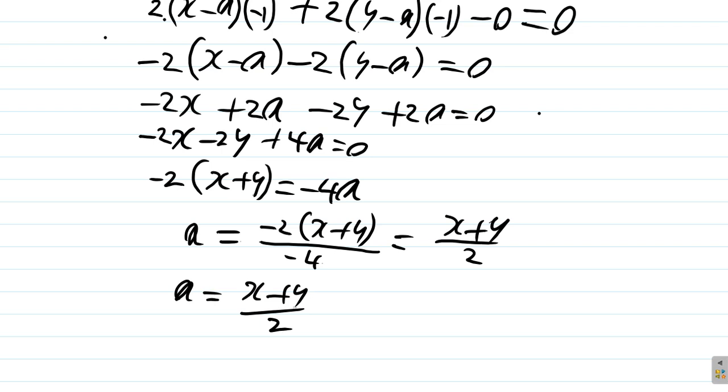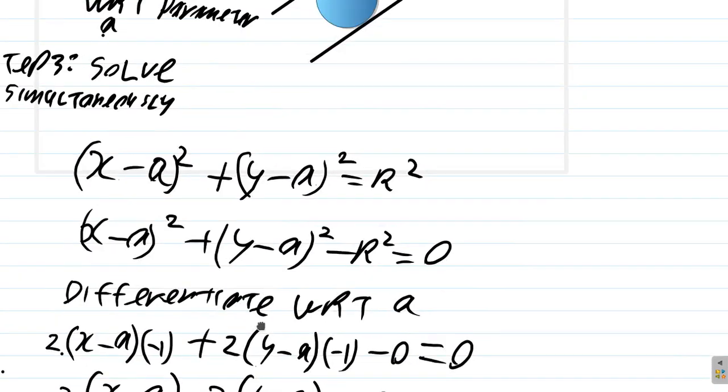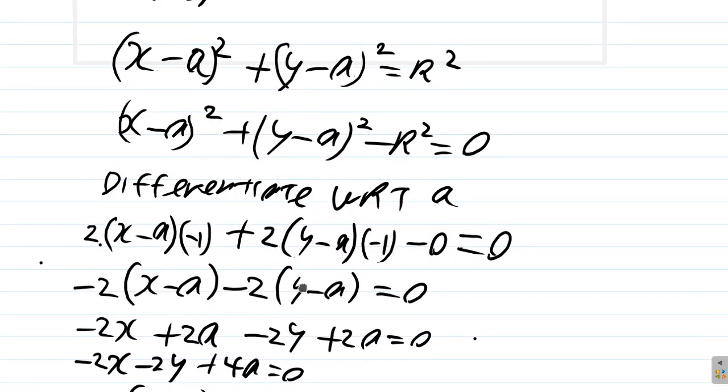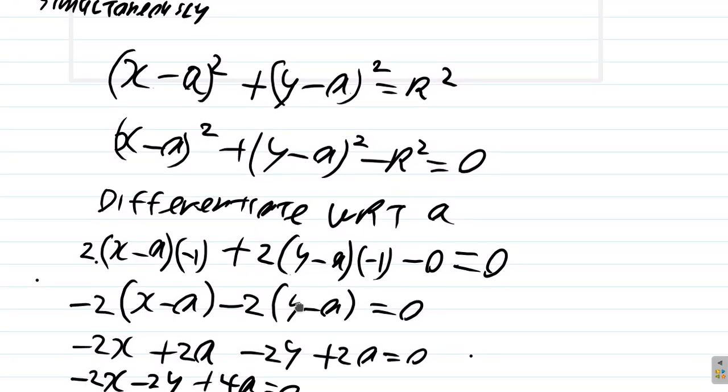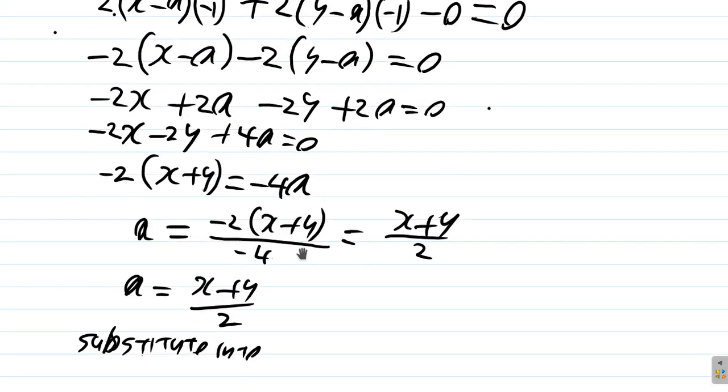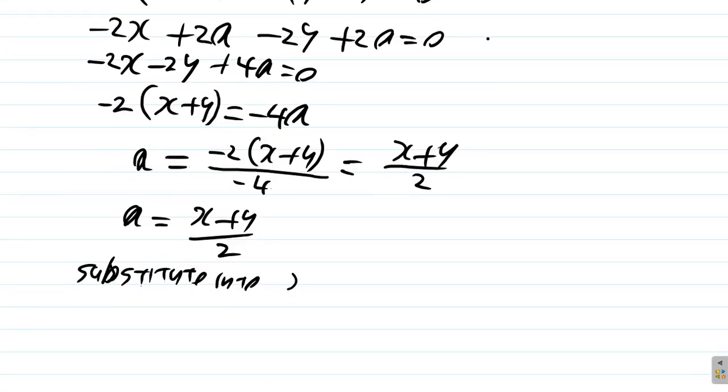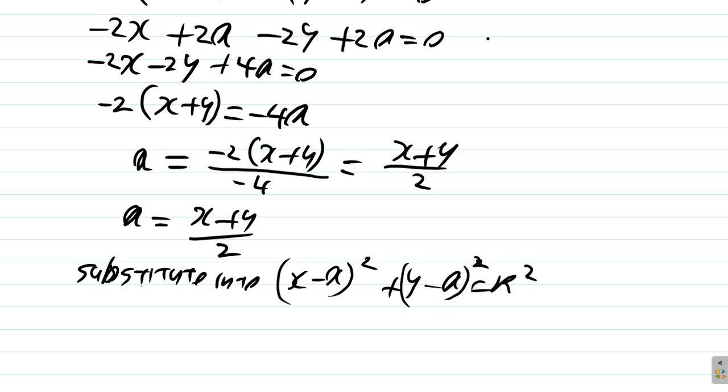Now, let's substitute into, I didn't label it equation 1 or equation 2 or whatever it is. X minus a squared plus y minus a squared equals r squared. So into x minus a squared plus y minus a squared equals r squared.